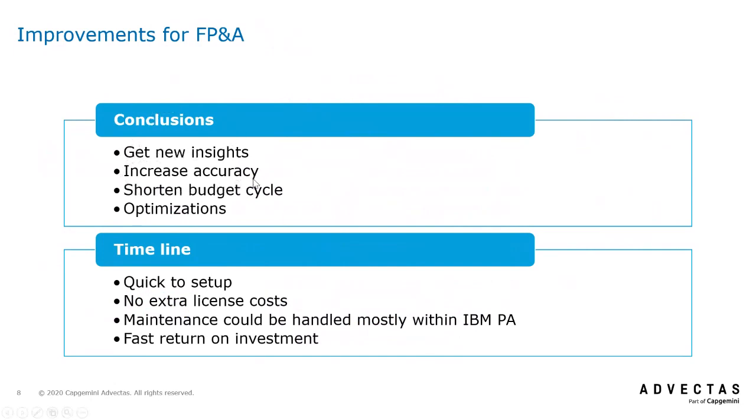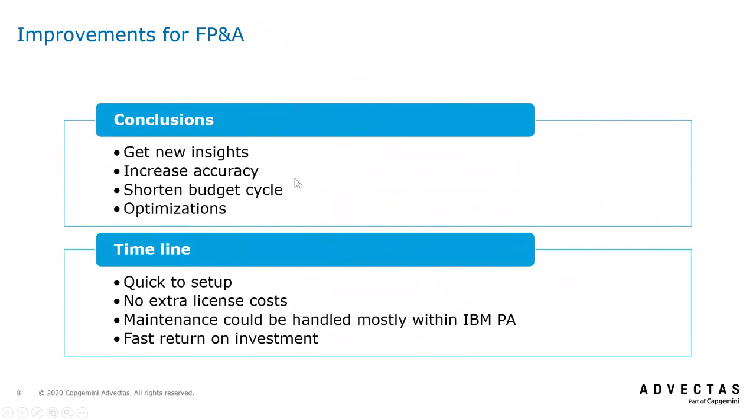Then also accuracy. A manual approach can rarely beat a machine or a statistical approach. So in almost all business cases, it has improved accuracy significantly, which then leads hopefully to better business decisions. The new insights are also primarily there to motivate the management to find better management decisions and business decisions around it.